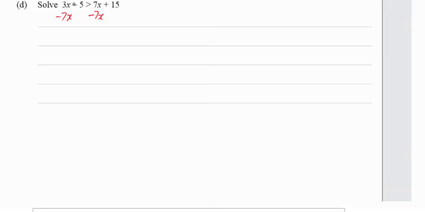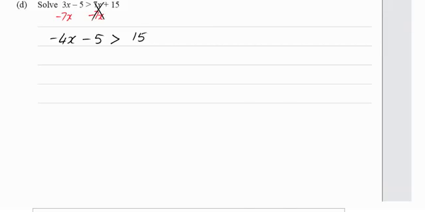And 3x minus 7x, that gives us negative 4x, and that minus 5, that's still there, haven't done anything with that, so we better write it in, minus 5. The greater than sign is there instead of the equals. The 7x has added to 0, so that's gone, and then we're left with positive 15.